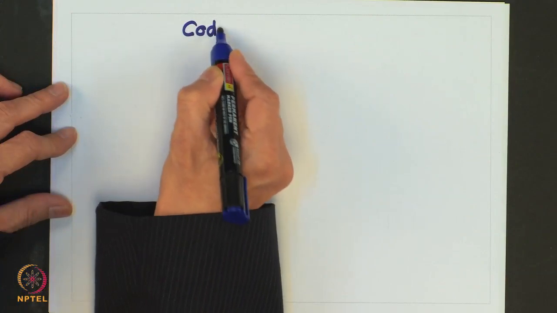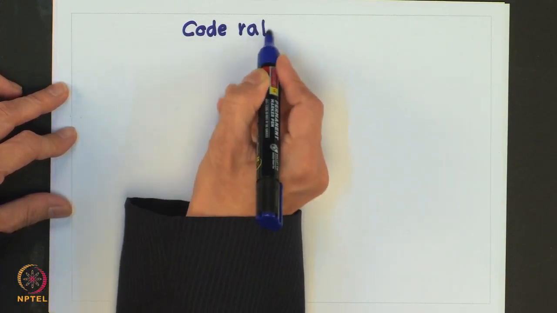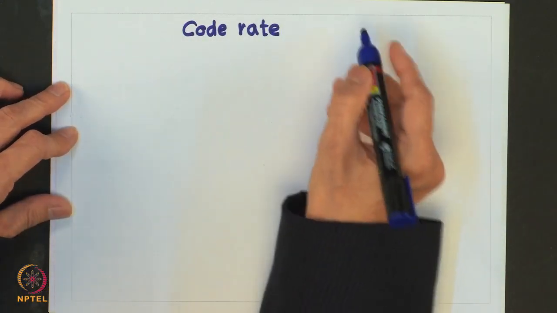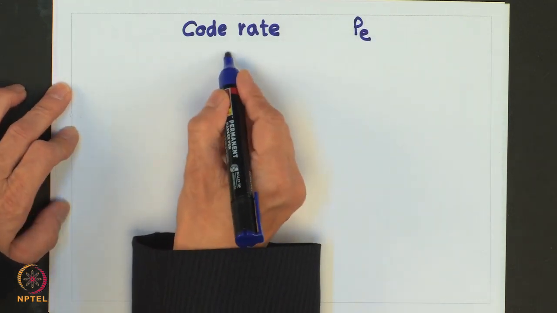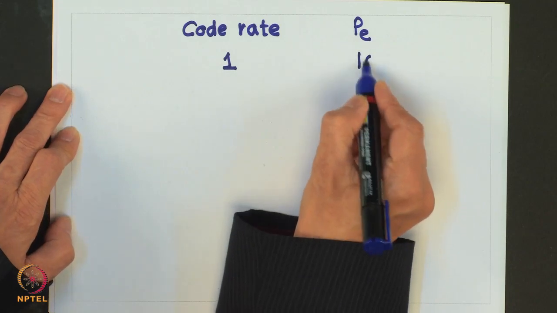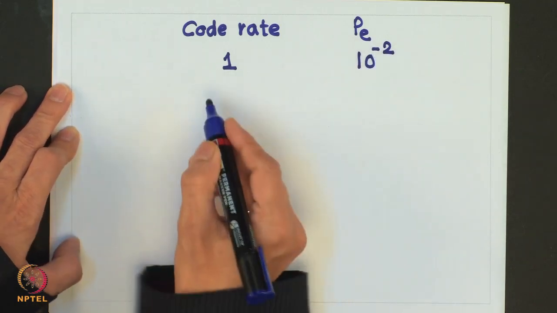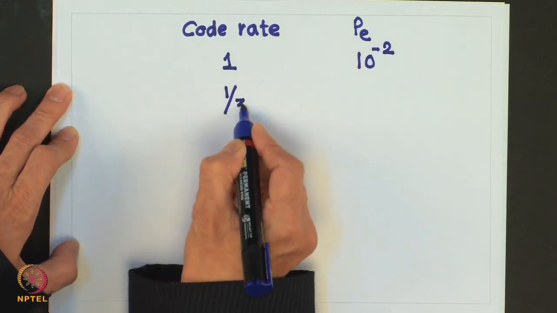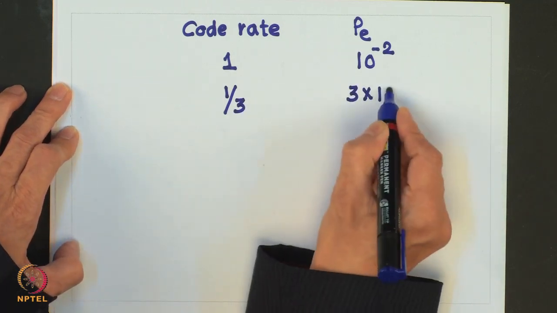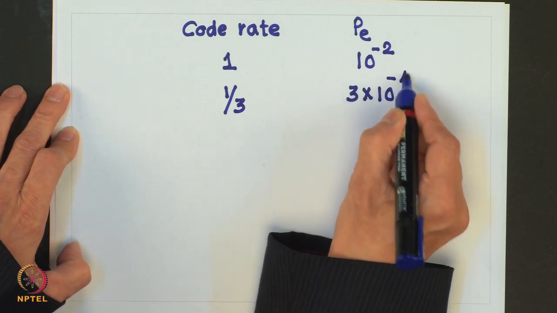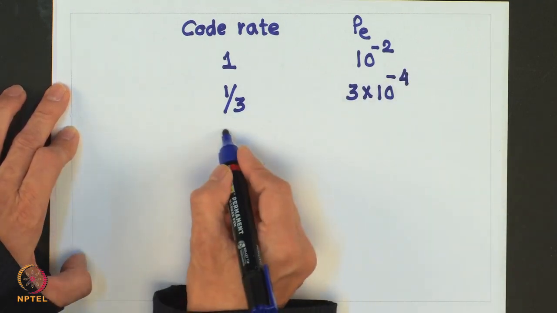Okay. So, if we now try to find out the probability of error for different values of m or, indirectly, n, we will get the result as follows. The choice of n will decide the code rate. When n is equal to 1, this is obviously 10 raised to minus 2, and when n is equal to 3, that means the code rate is 1/3, the probability of error turns out to be 3 multiplied by 10 raised to minus 5.